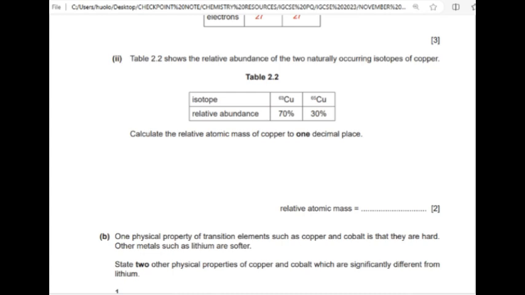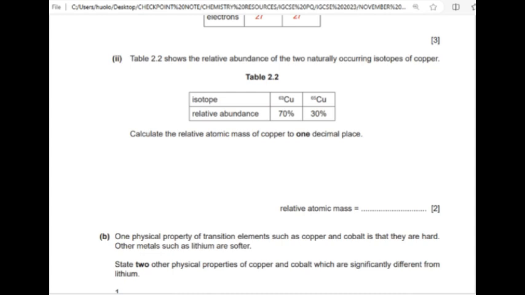Let's say there are 100 copper atoms in your hand. Naturally, you are going to have 70 of them to be copper 63, and 30 of them to be copper 65. That's what the idea of relative isotopic abundance is about.